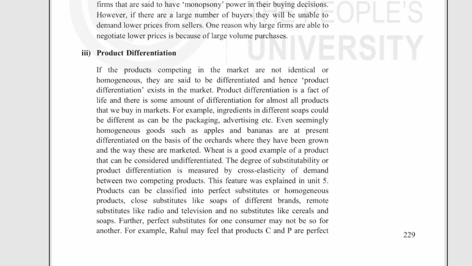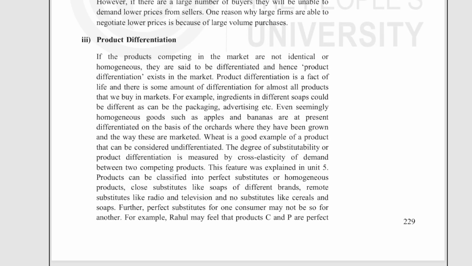And next is product differentiation. If the products competing in the market are not identical or homogeneous, they are said to be differentiated, and hence product differentiation exists in the market.